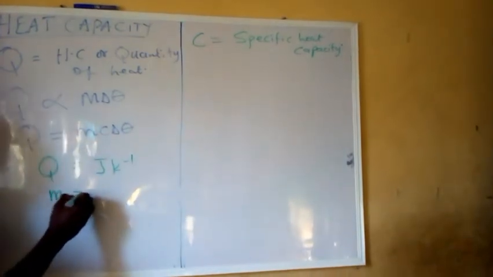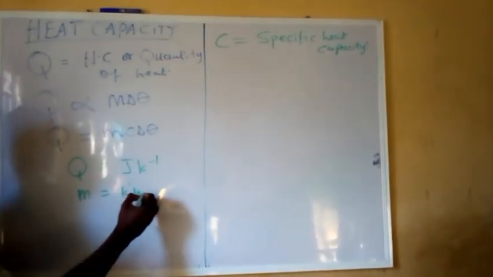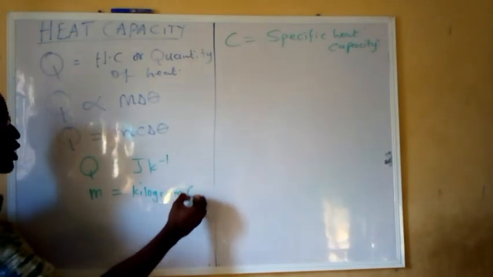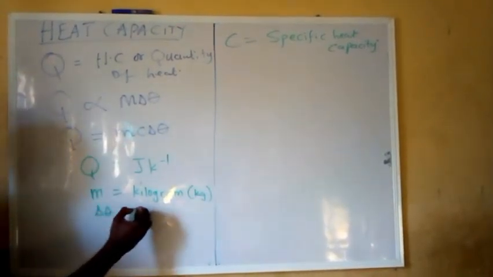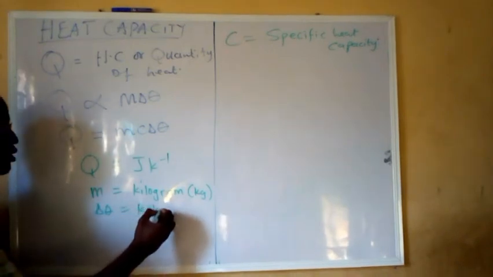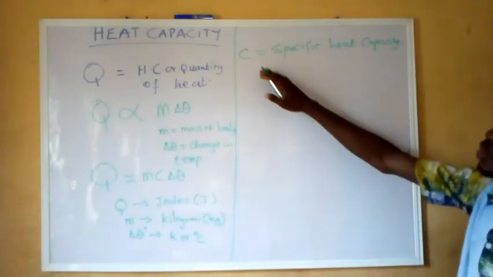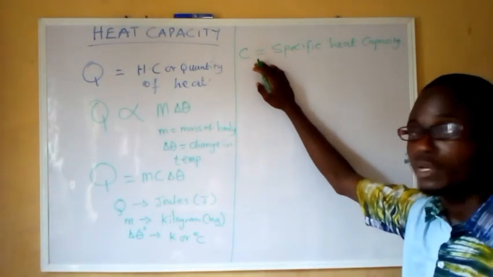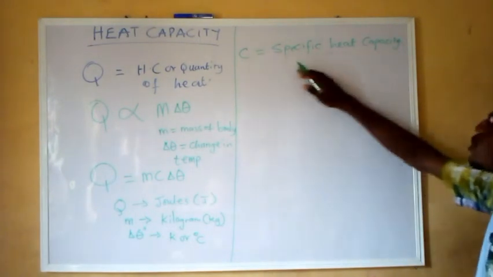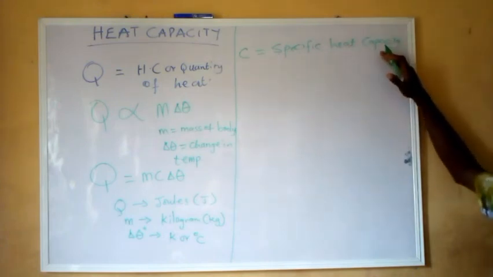The mass is measured in kilogram, kg. Then we have change in temperature measured in Kelvin. So C is the constant we derive from that little expression I just made there, and this C is called specific heat capacity.